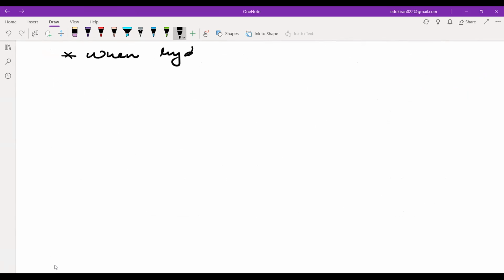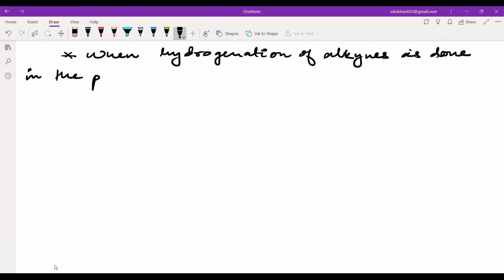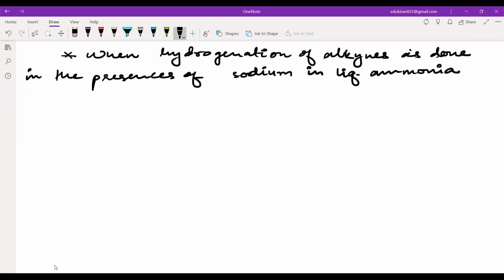When hydrogenation of alkynes is done in the presence of sodium in liquid ammonia, that means ammonical sodium.